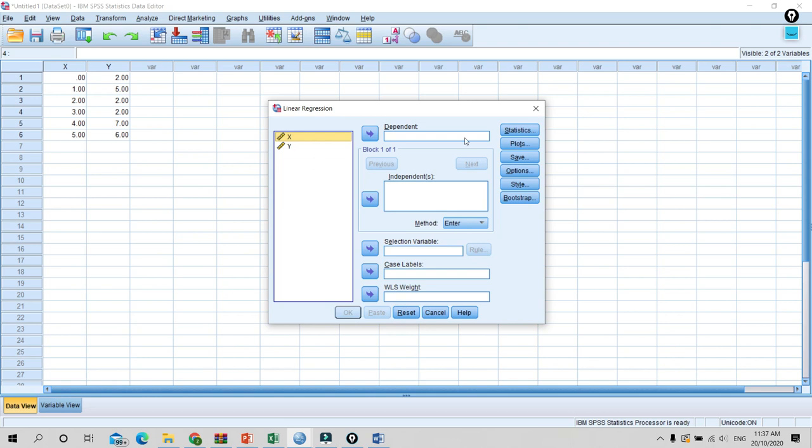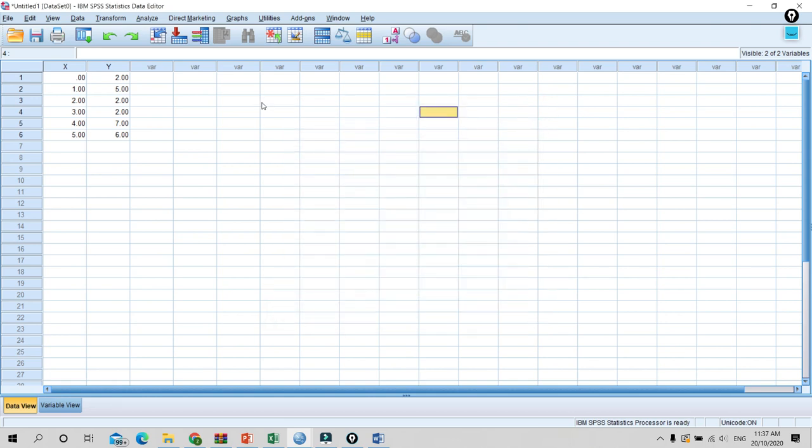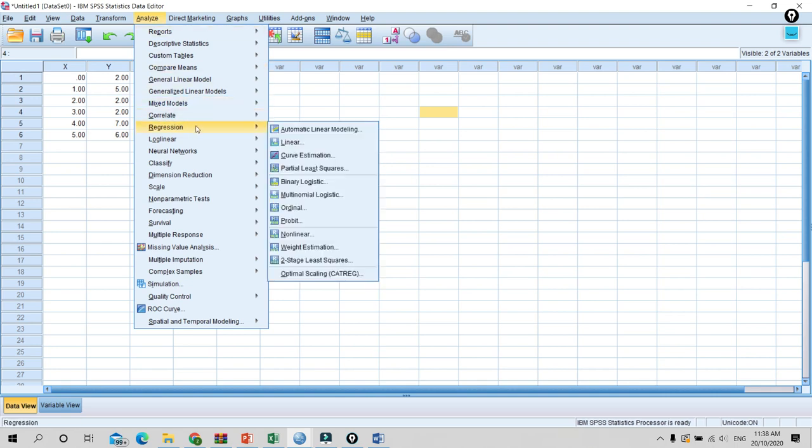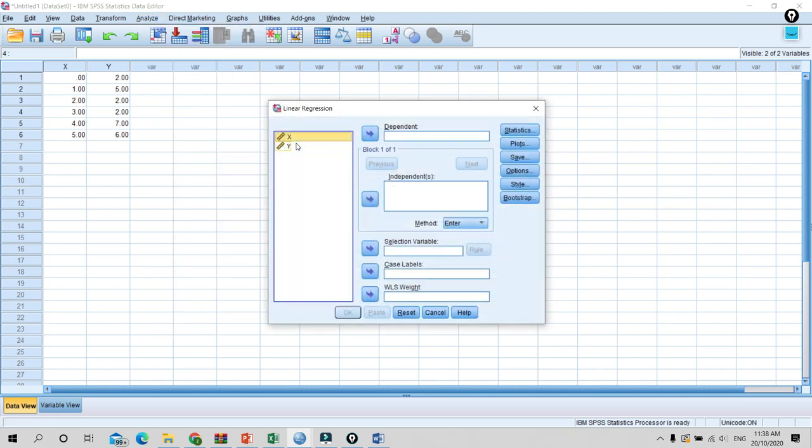I repeat again. Now, to find the regression line by using SPSS, you go to Analyze, then you go to Regression. From the analyses there, you select Linear. Then they ask you to insert a dependent and independent variable.